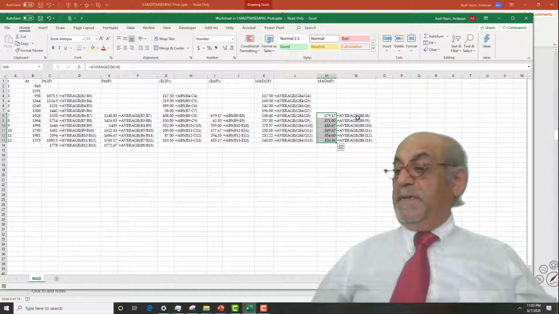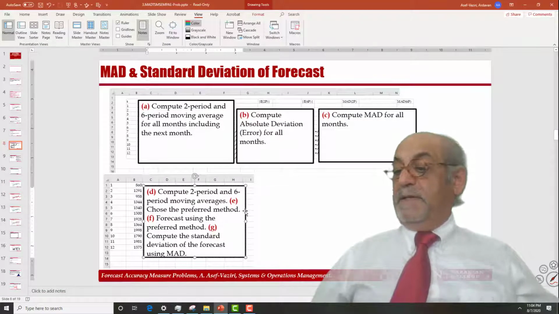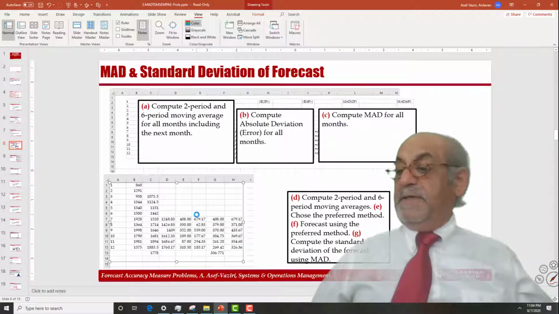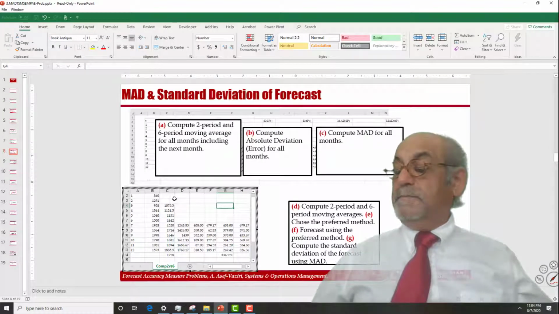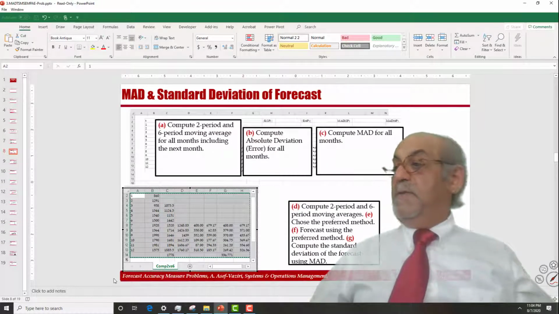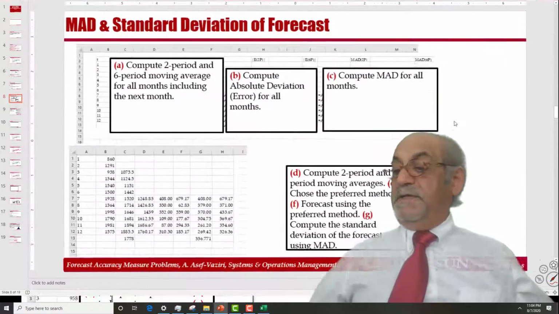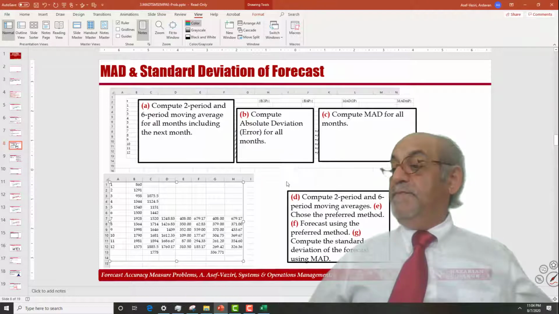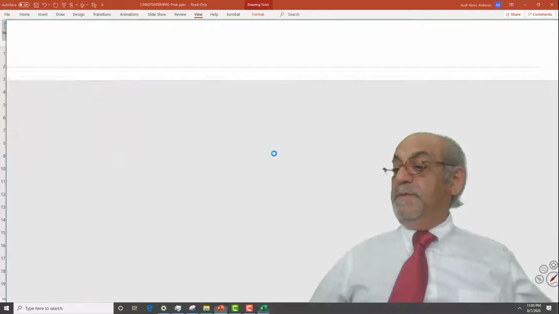Now I can go here and double click on this one. Data is over there. And copy this. We can copy it over there, or alternatively, I can go here, right click, worksheet object, open.